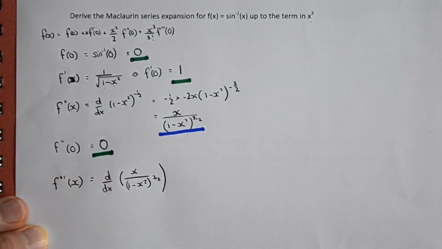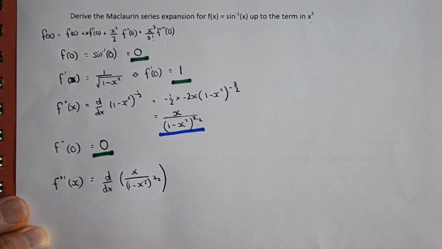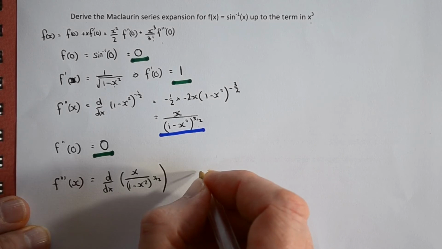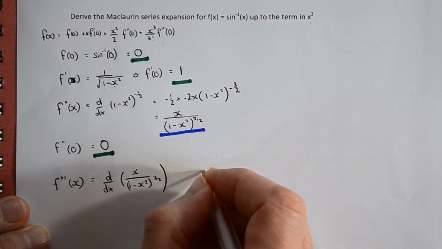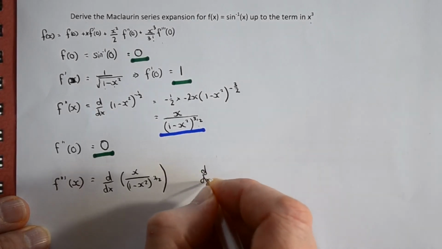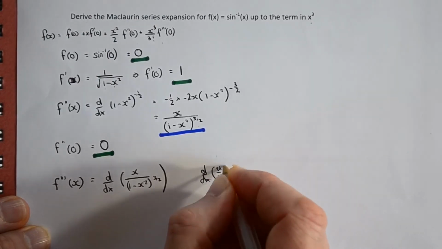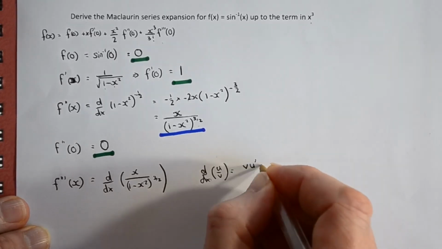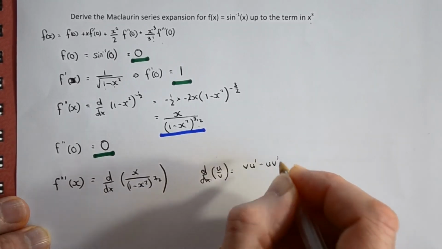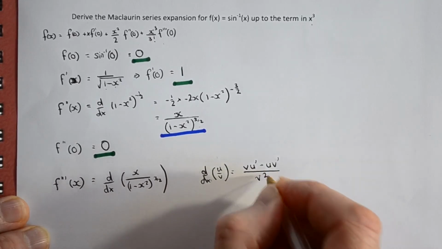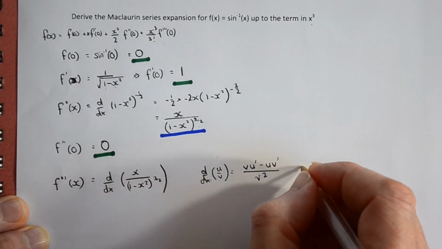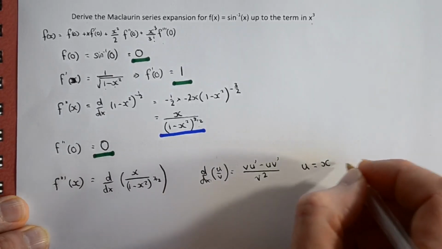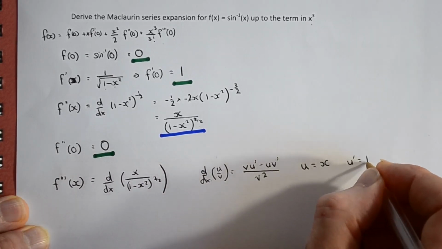Differentiating all that, there's more than one way we could do this. We can treat it as a quotient and differentiate it using the quotient rule. The rule: d by dx of u over v equals v times the differential of u minus u times the differential of v, all over v squared. So in our function, u is the numerator, which is just x, so the differential of that is 1.